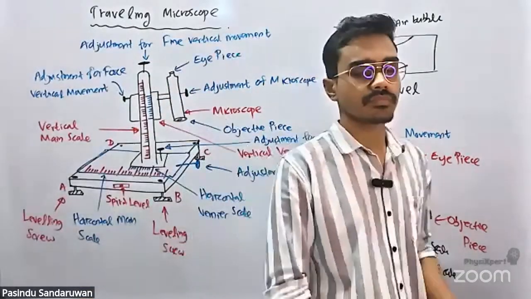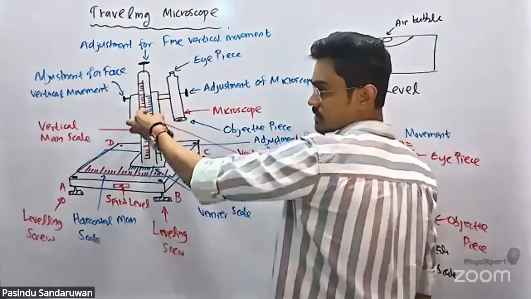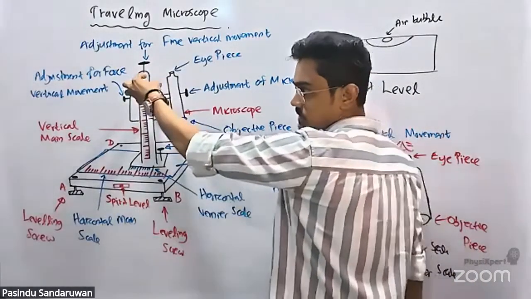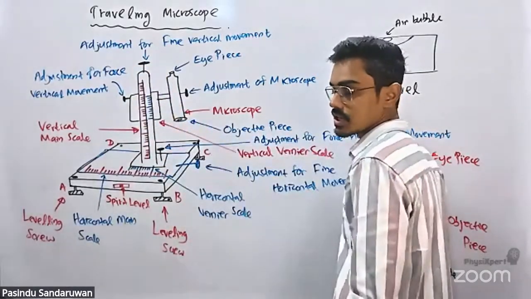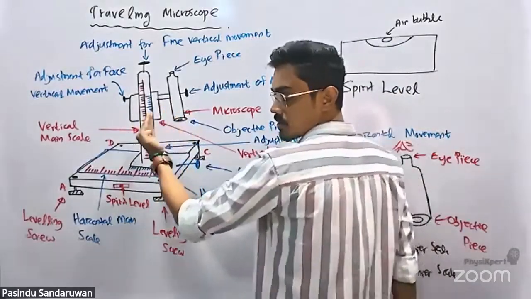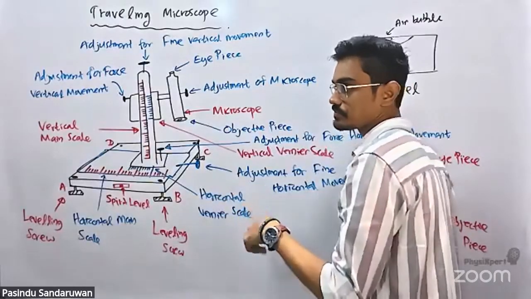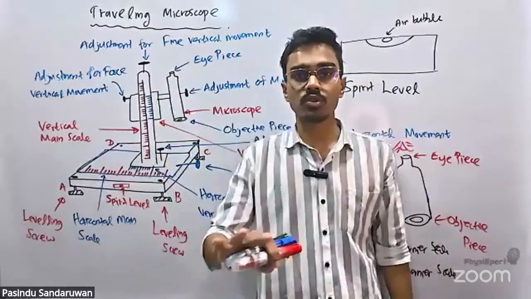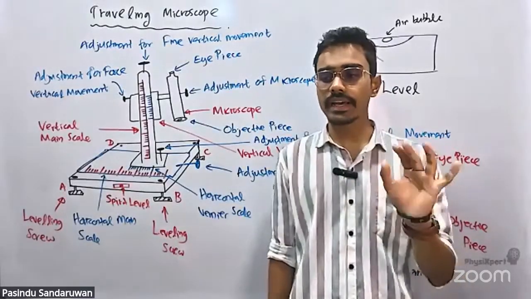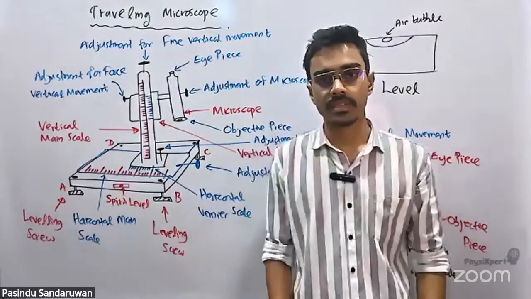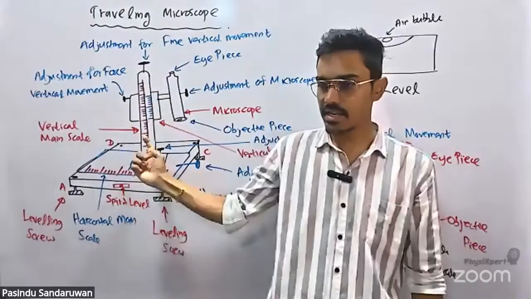Listen again. When you move this part vertically, only the vertical vernier scale works. And when you move this part horizontally, only the horizontal vernier scale is used. Both movements cannot be done at once.